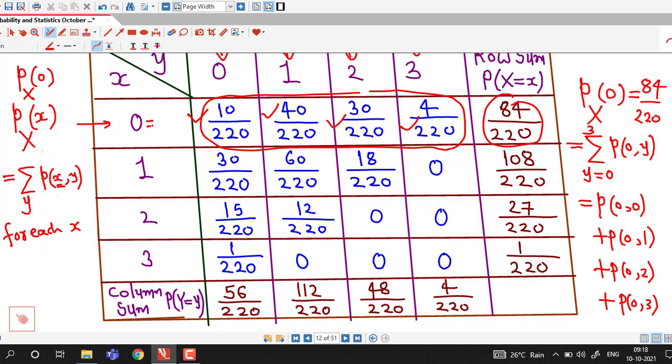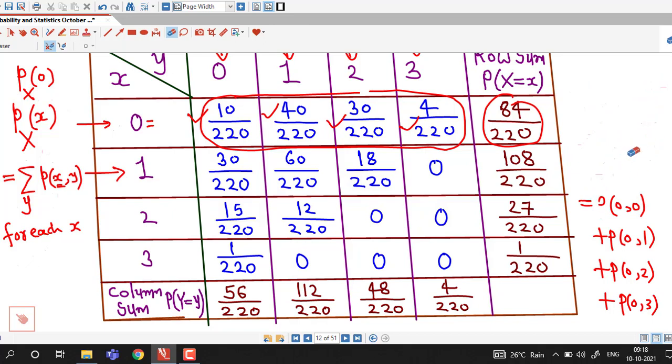So this value is nothing but the value of the probability mass function of random variable x at x equal to 0. Similarly, if we sum all the probabilities in the second row, we obtain this value 108 by 220. So that is nothing but the value of the marginal probability function of x at x equal to 1.